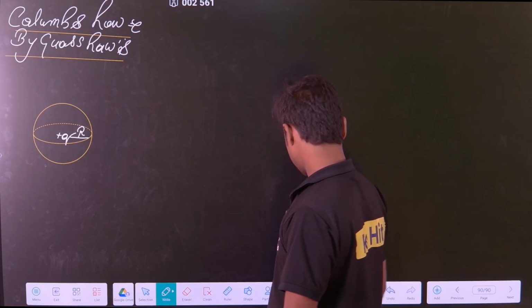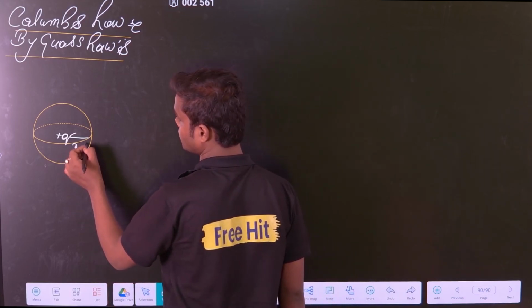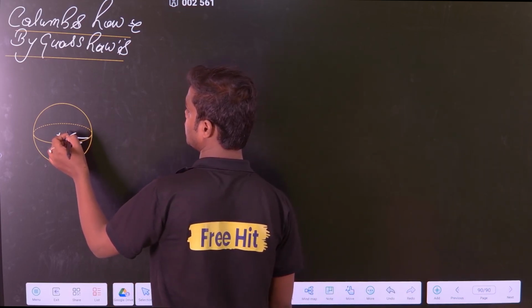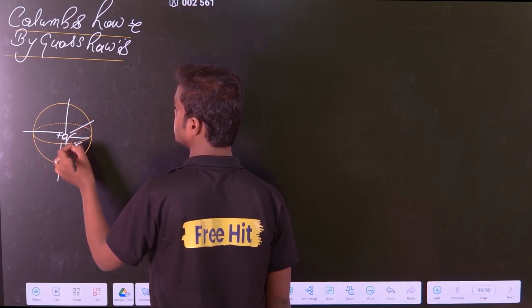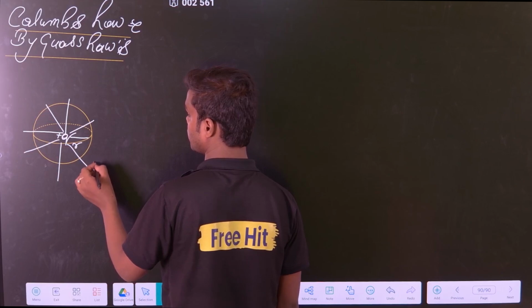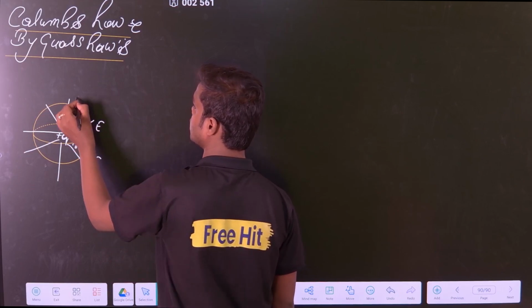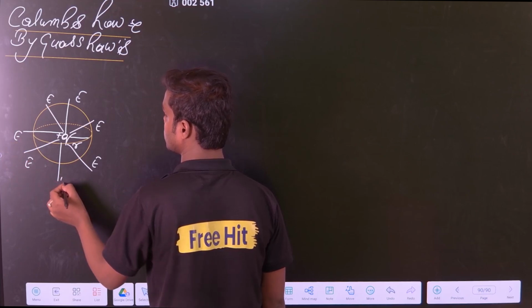Now you tell me what the direction of the electric field will be. The electric field will be like this, something like this everywhere, and it will be constant everywhere, correct or no? It will be constant also.